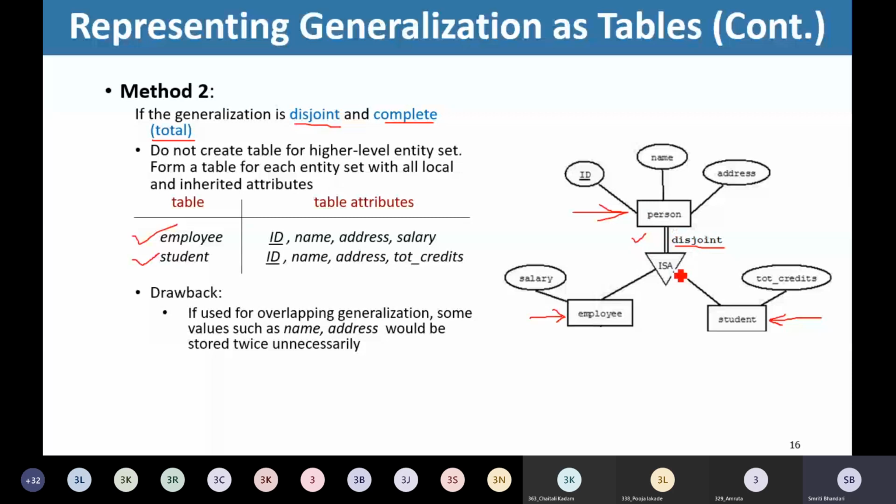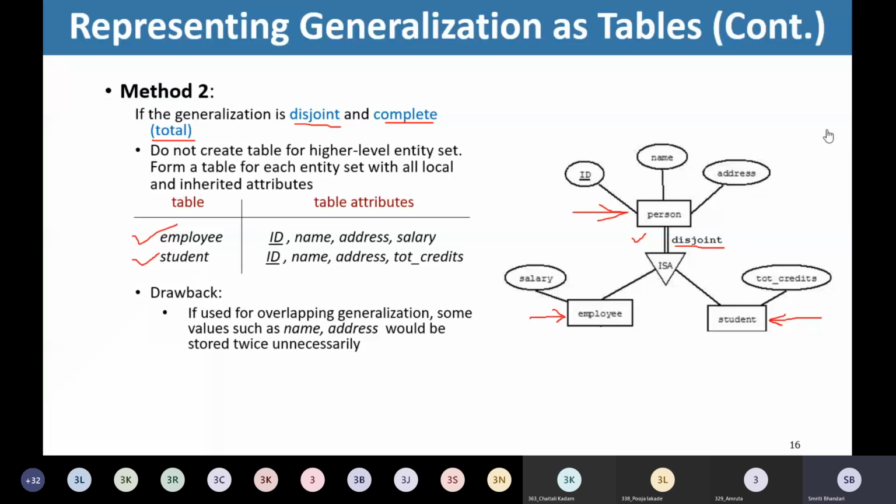It is not disjoint, that means a few of the entities are present in this lower level entity set and also in that lower level entity set. If we go with this design, it may happen that attributes like name and address are duplicated or stored twice in both these tables.